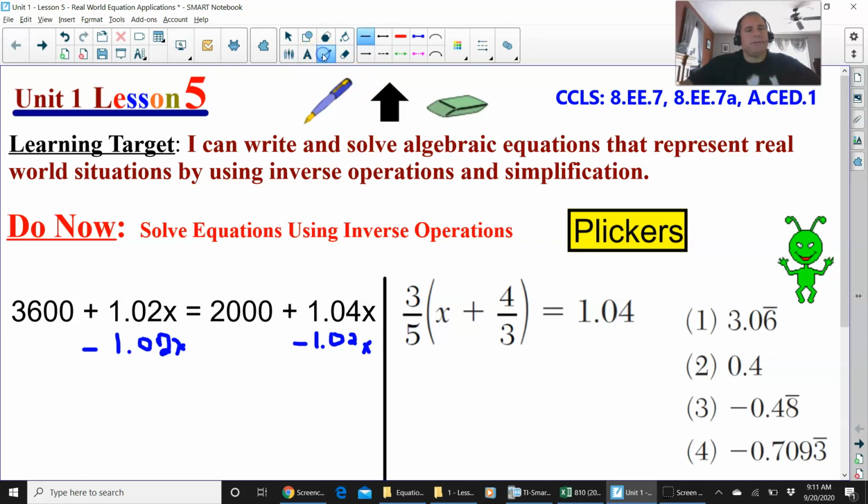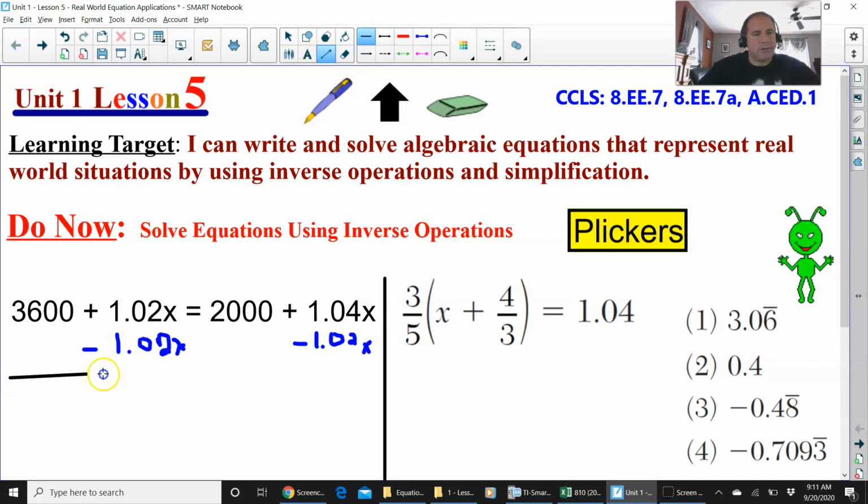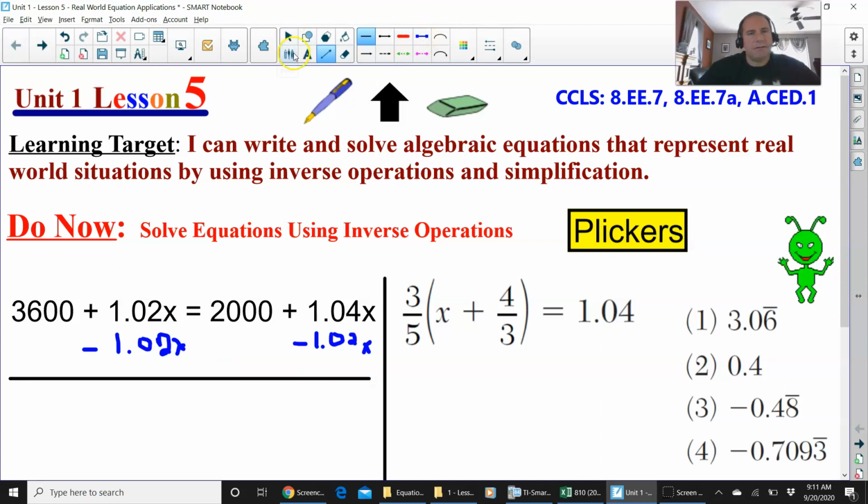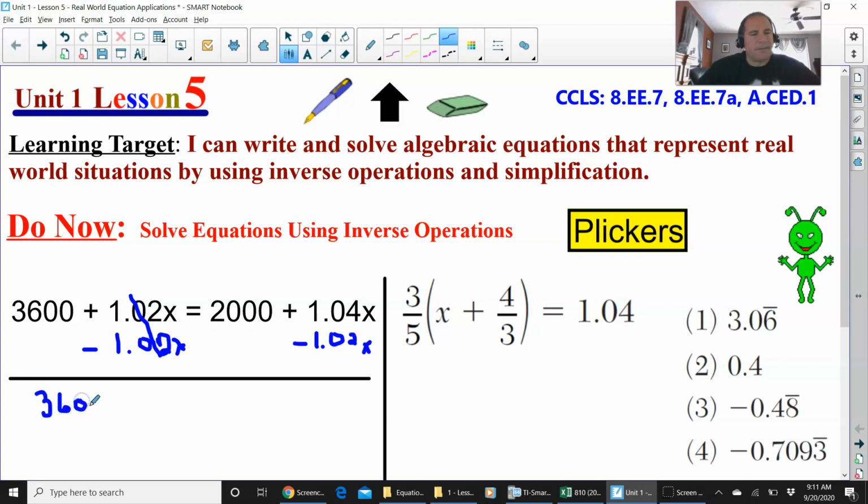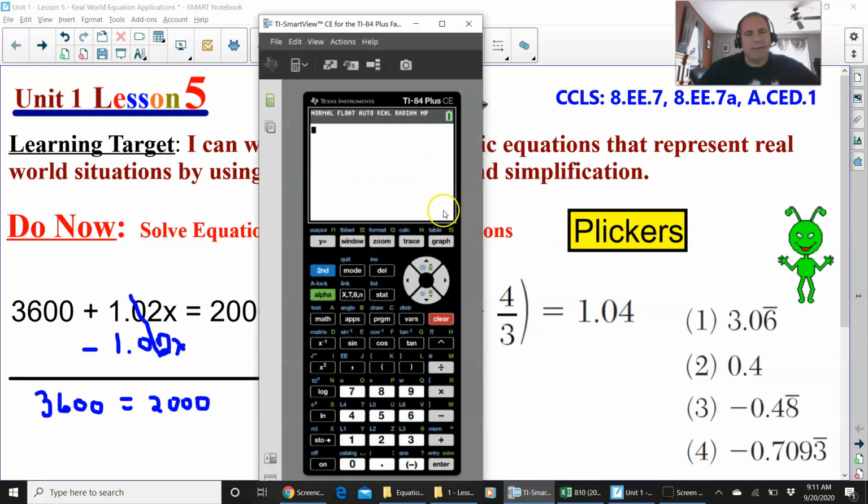And we are going to draw a nice big line because we want to keep everything neat. And then we're going to bring all the numbers down. 3,600, the equal sign, the 2,000, and in our calculator, if you need it, we're going to bring up that calculator.